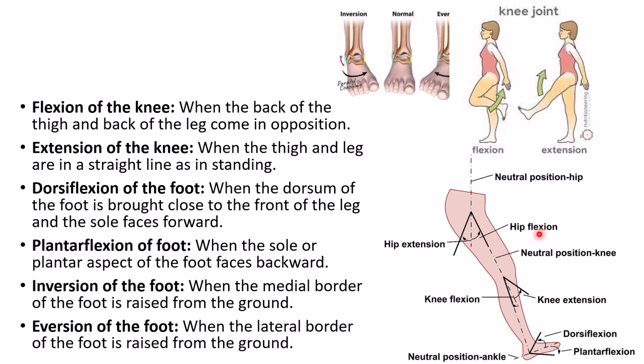But hip flexion and knee flexion are opposite to one another. In hip flexion, we were moving the thigh forward, but in knee flexion, we have to move the back of the leg backward. When the back of the thigh and the back of the leg come in approximation, close to one another, that is called knee flexion. So remember this thing.